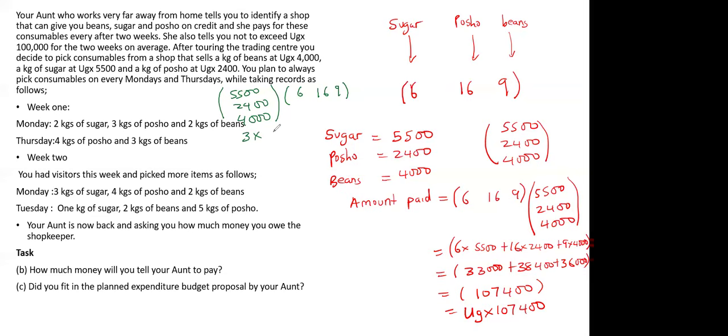And columns? 1. And then the second matrix has how many rows? 1. And columns? 3. So you ask yourself, is this matrix compatible? Can you be able to multiply it? Yes. So you can multiply it.